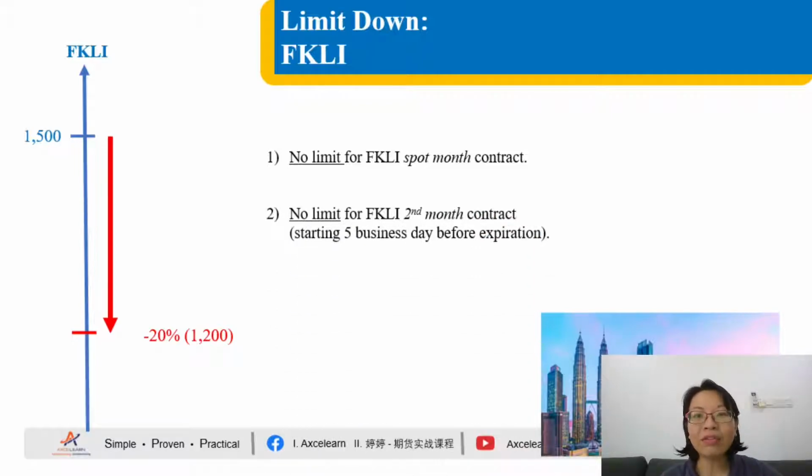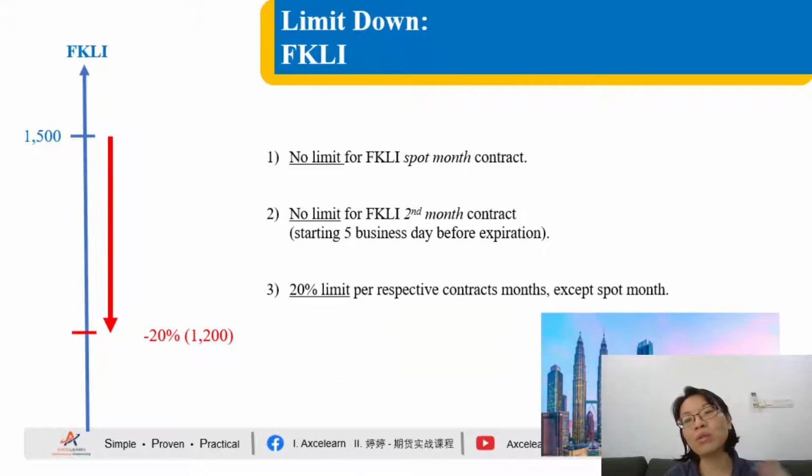Second, for the second month, when it approaches the last 5 business days before expiration, they don't have any limit as well, because in the last 5 business days, the second contract month will be very closely tracked against your FBM KLCI. So the same thing, they don't really need additional rules. And the last one is 20% applies to the respective contract months, except for spot month. So it's very clear cut, very direct.